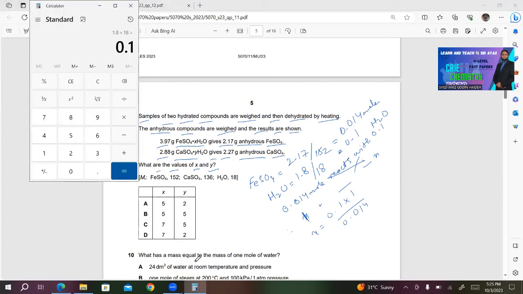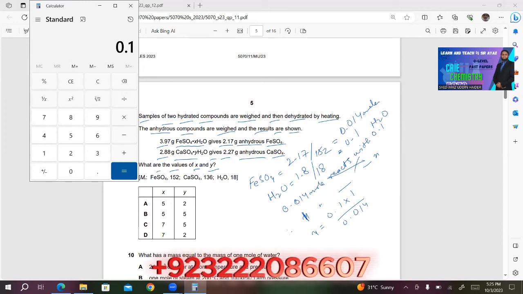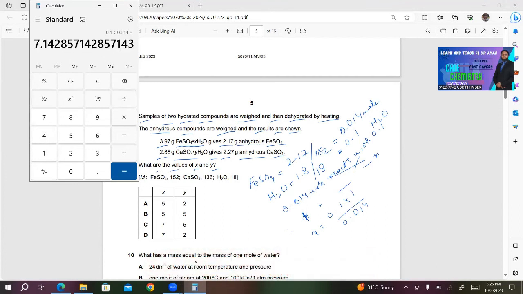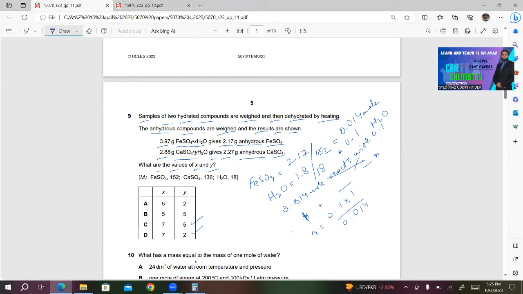So what you will get? 0.1 divided by 0.014 is 7.14. So either C is correct or D is correct. So we need to calculate the number of moles for CaSO4.